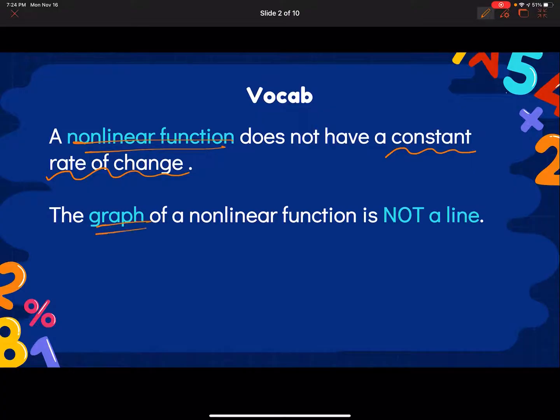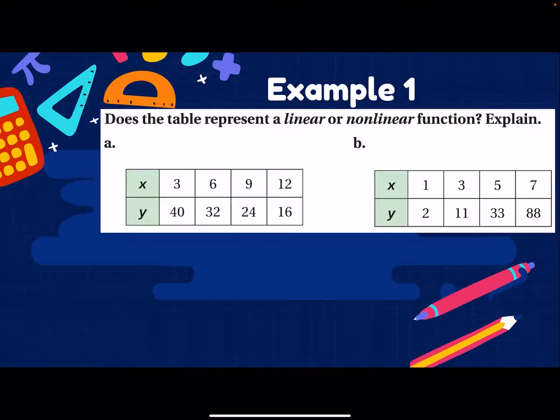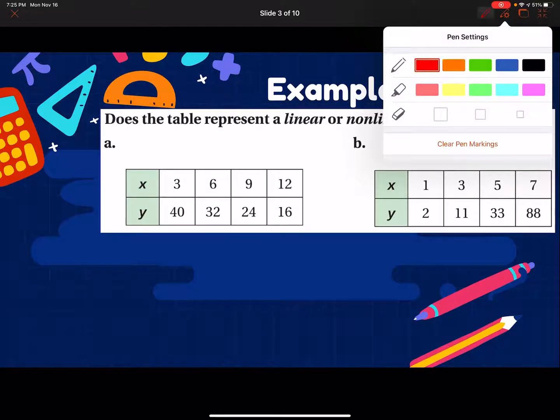The graph of a non-linear function is not a line. So, non-linear, not a line. Linear forms a line. And remember, you can pause the video at any time if you need to go back and review or write anything else in your notes.